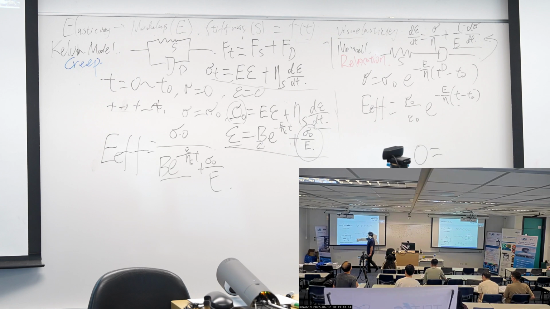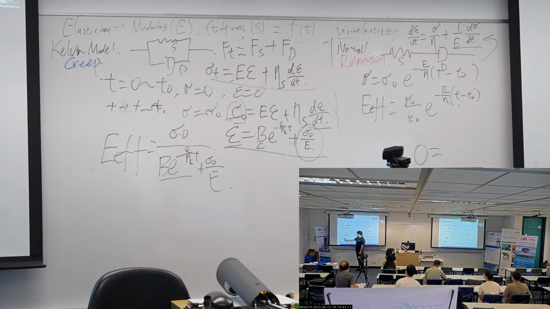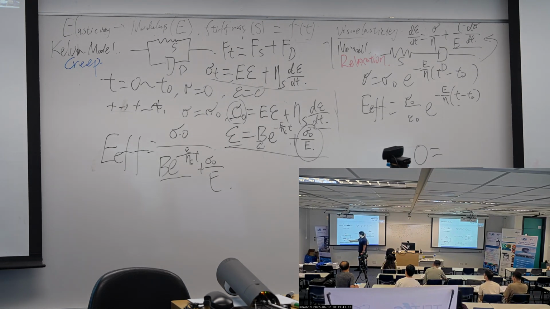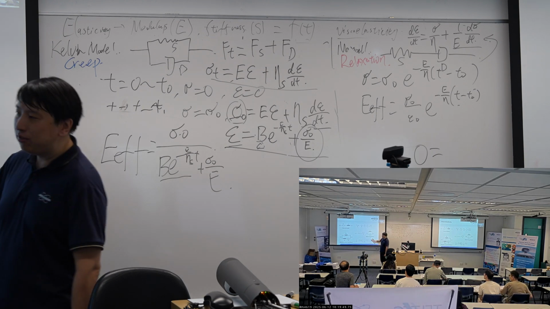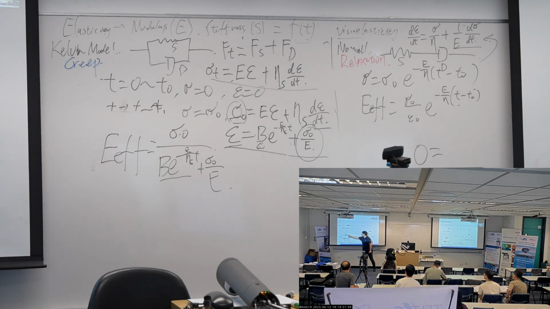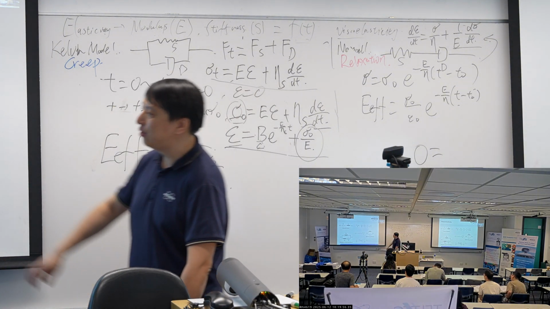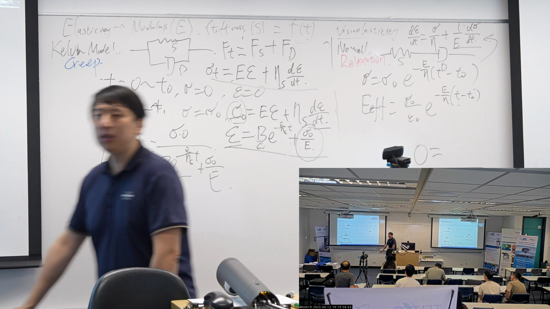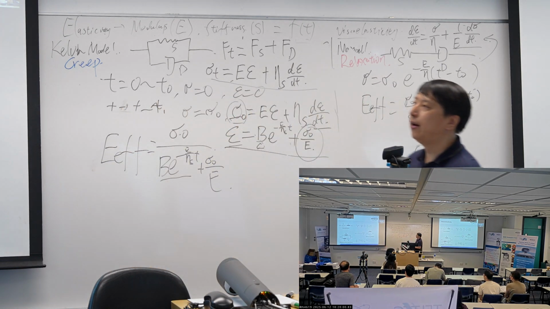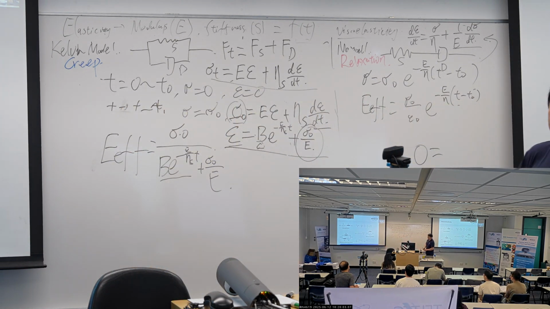We can start with Maxwell, a serial combination of the spring and the damper, and then add a parallel connection of another spring. So nowadays, they prefer to use this kind of standard linear solid model to describe viscoelasticity. And nowadays, people write down the solution for these kinds of terms in such a way.